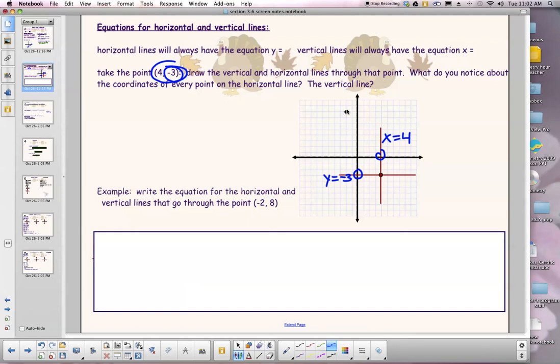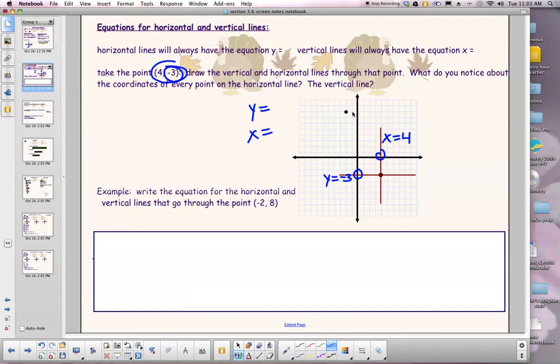Another example is the point -2, 8. So again, if I wanted to write the equation for the horizontal and vertical lines that go through that point, I'm going to have one that's y equals, and I'm going to have one that's x equals. The y equals one would be the horizontal line because that's how I'd get it to cross the y-axis.